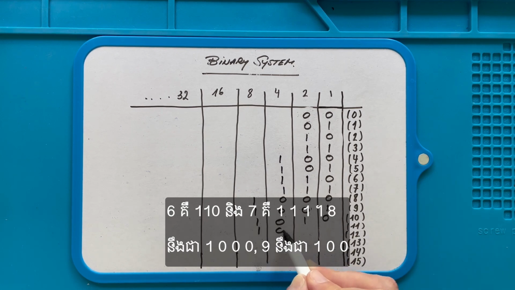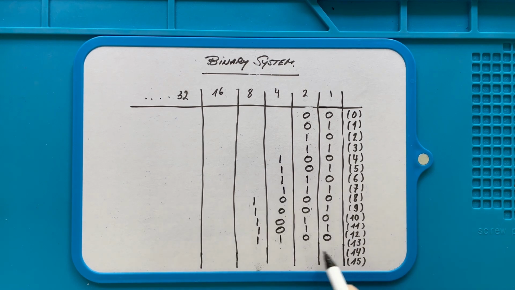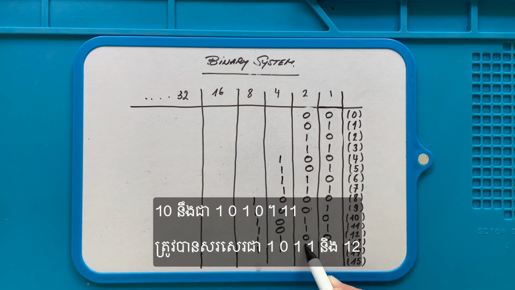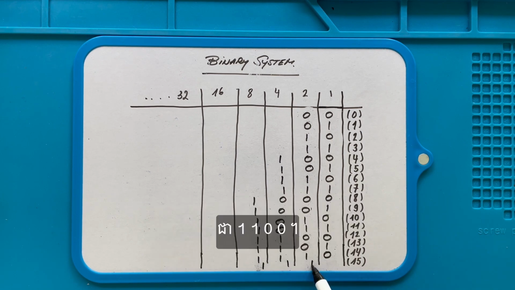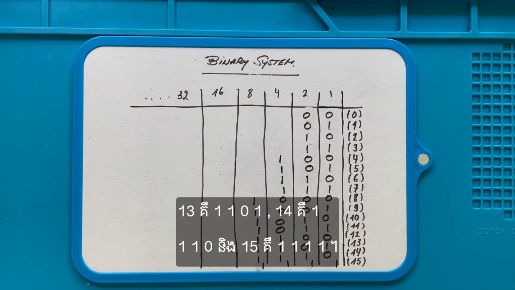8 will be 1, 0, 0, 0. 9 will be 1, 0, 0, 1. 10 will be 1, 0, 1, 0. 11 is written as 1, 0, 1, 1. 12 as 1, 1, 0, 0. 13 as 1, 1, 0, 1. 14 as 1, 1, 1, 0.